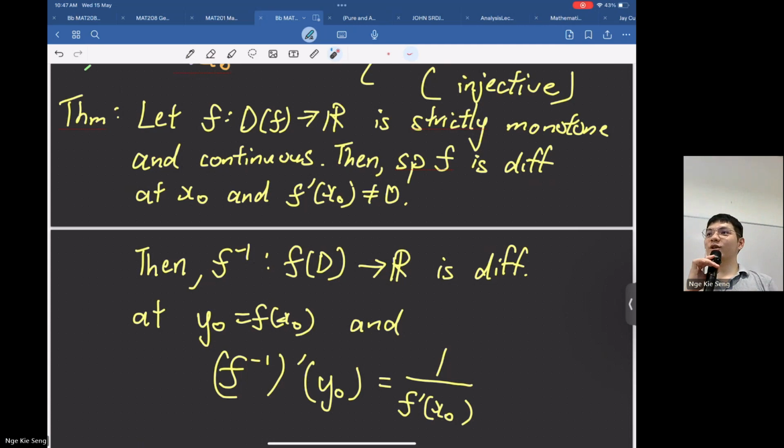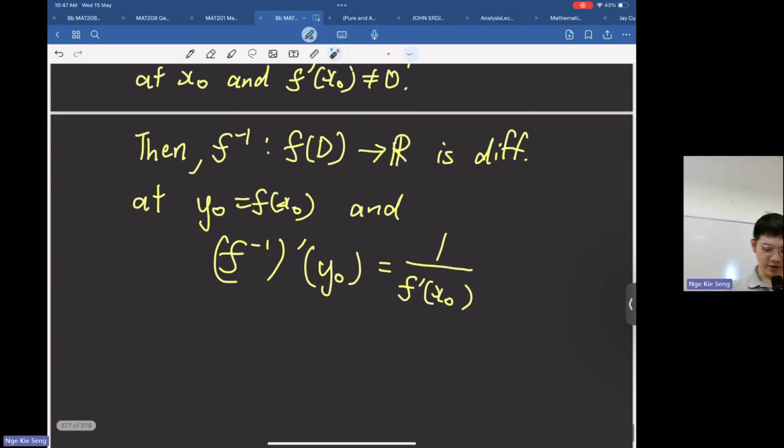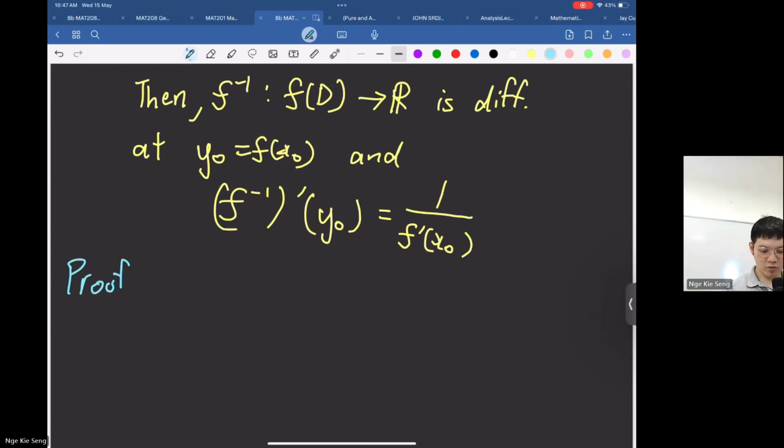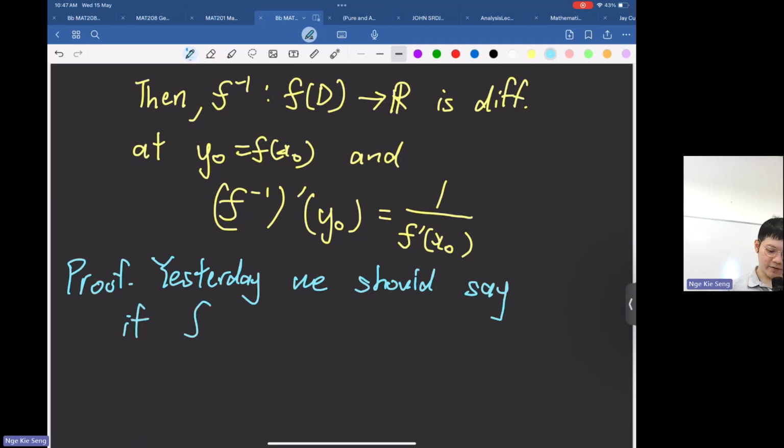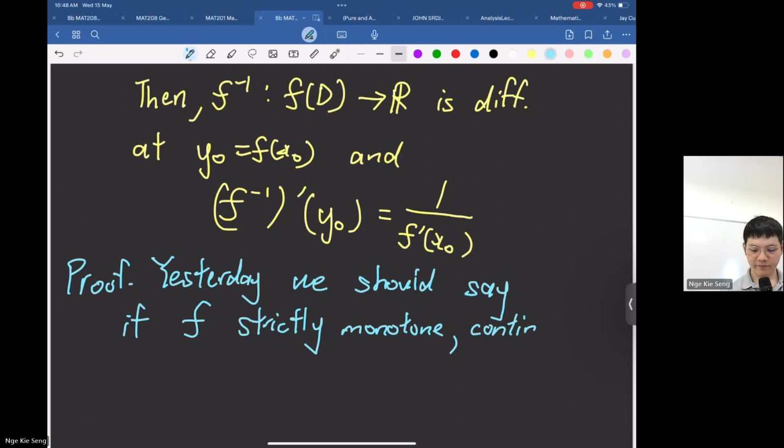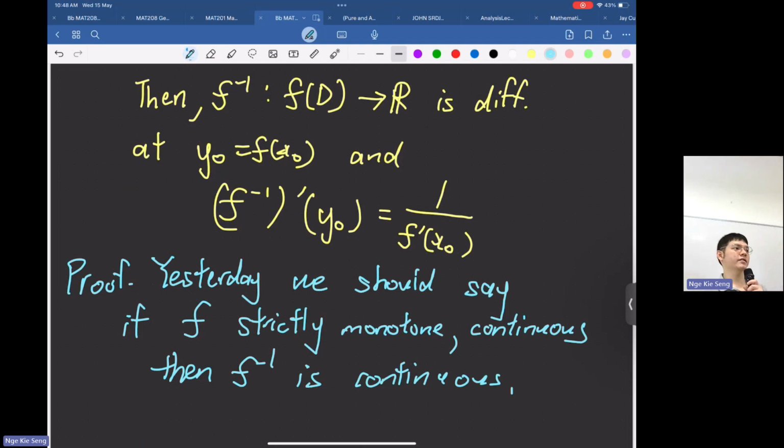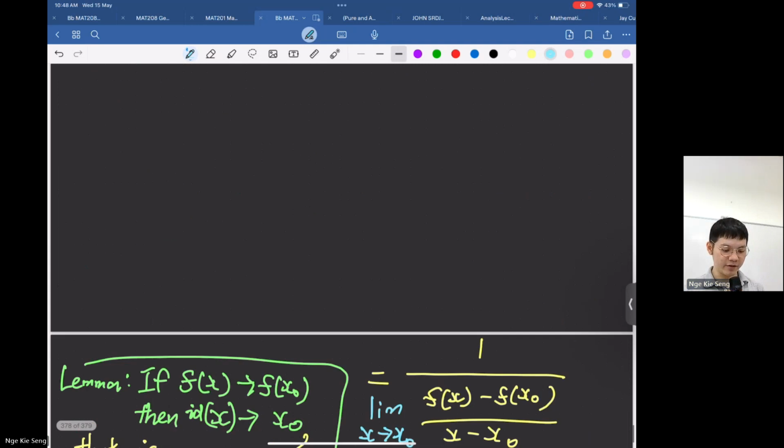Right, there is a theorem: if f is strictly monotone and continuous, then its inverse exists, and the inverse should be continuous. Yesterday we skipped this statement. We should have this result first.